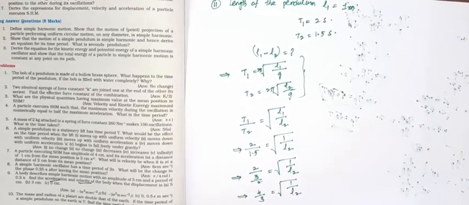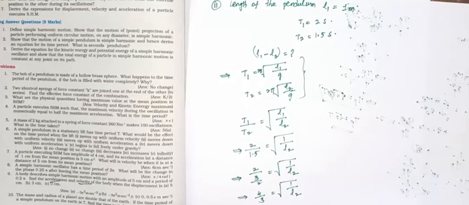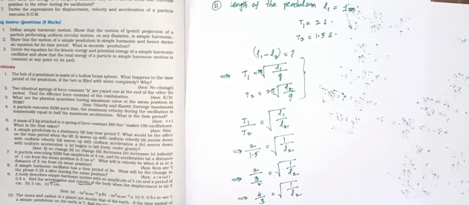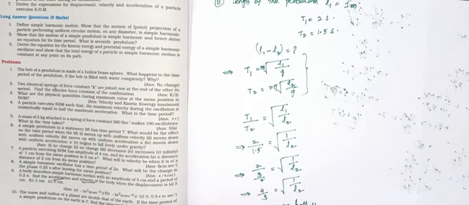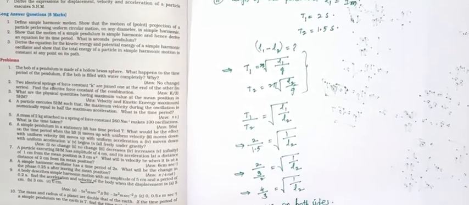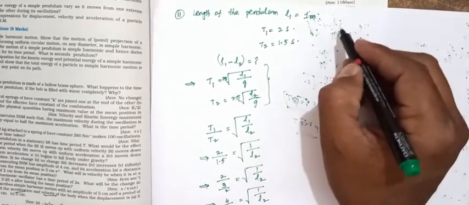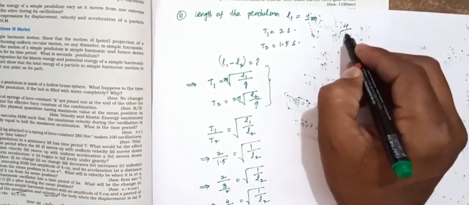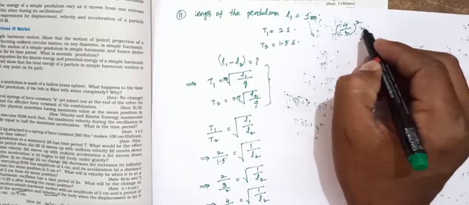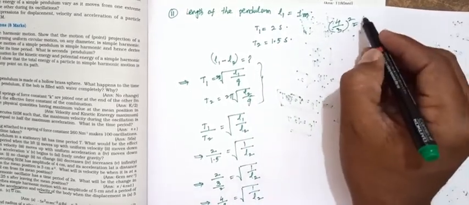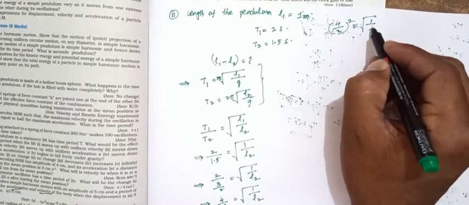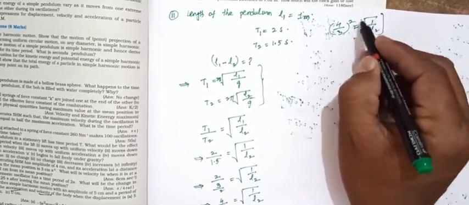Square on both sides. Square 4 by 3 whole square equals square root of 1 by L2 whole square.